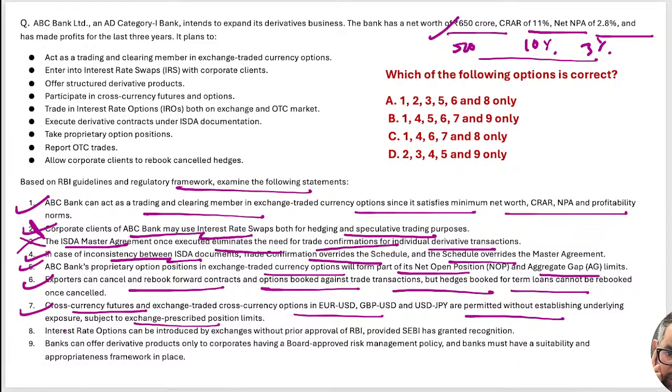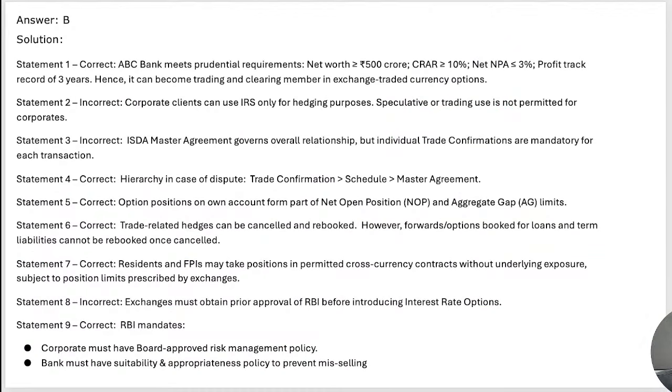The next one is interest rate options can be introduced by the exchange without RBI approval. No, banks can offer derivatives only to corporates having a board approved risk management policy, and this is true. So 1, 4, 5, 6 means option B should be the right answer for this particular one, right?